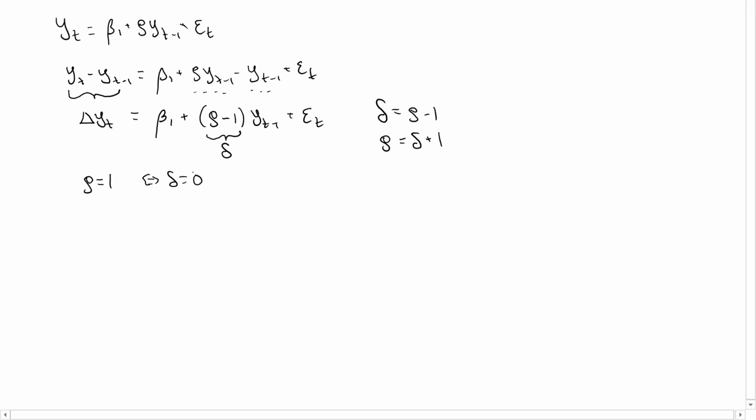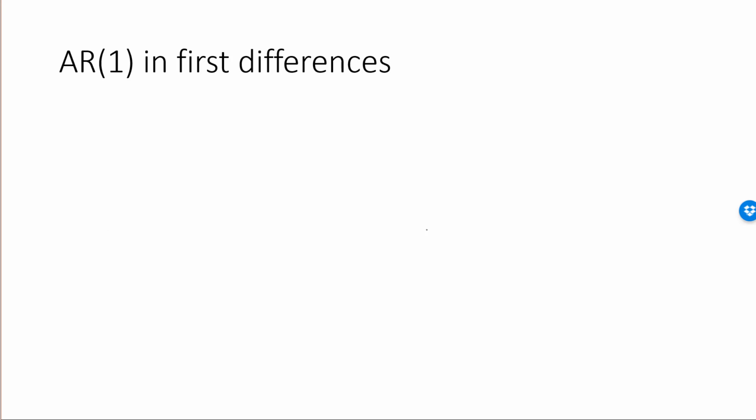The point here, of course, is that rho is equal to 1 if and only if delta is equal to 0. So what we do when we want to test for the presence of a unit root, we rewrite the equation like this: beta 1 plus delta times Yt minus 1 plus epsilon t, and then we test the null hypothesis, delta equal to 0. So let's summarize this.